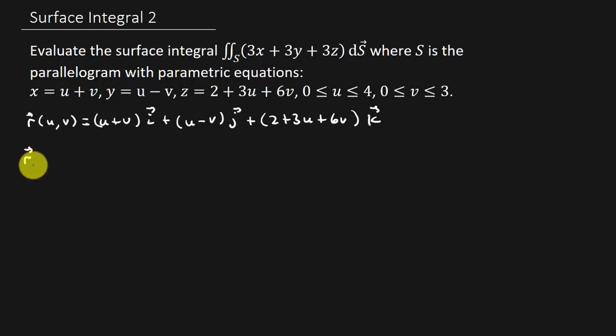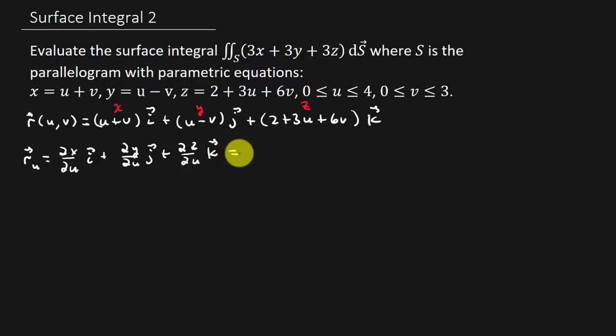So if we look at this, r_u, remember, is the partial of x with respect to u, i, plus the partial of y with respect to u, j, plus the partial of z with respect to u, k. And remember, this is your x, this is your y, and this is your z.